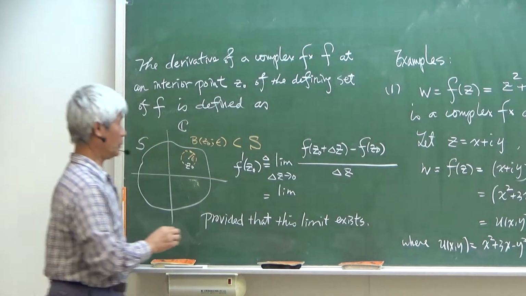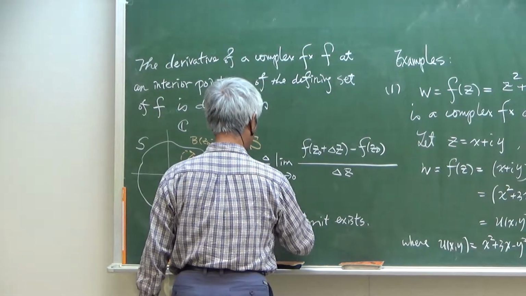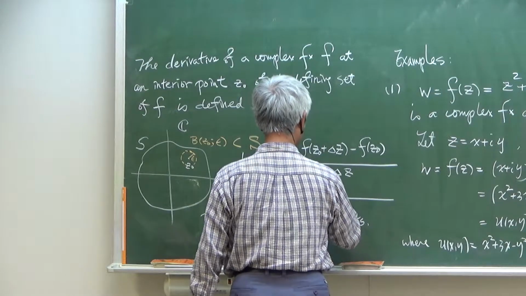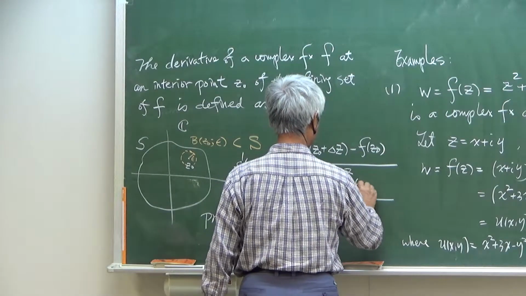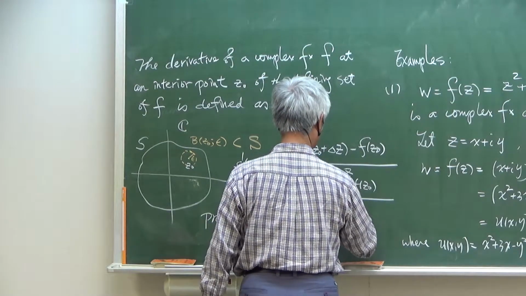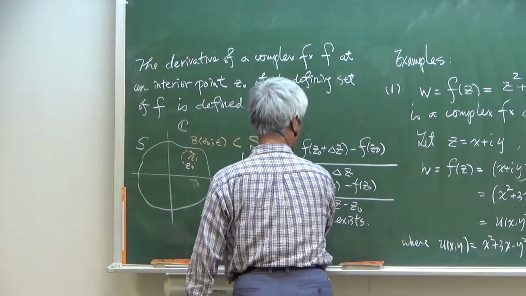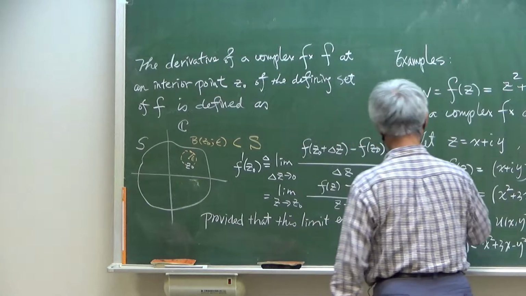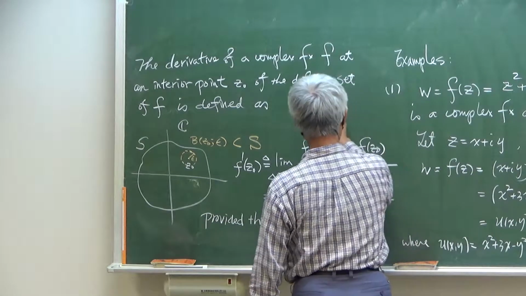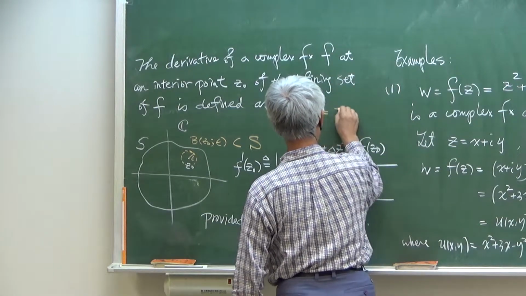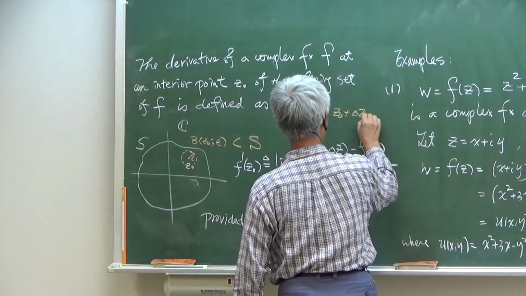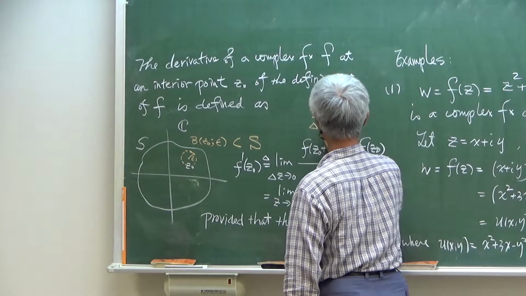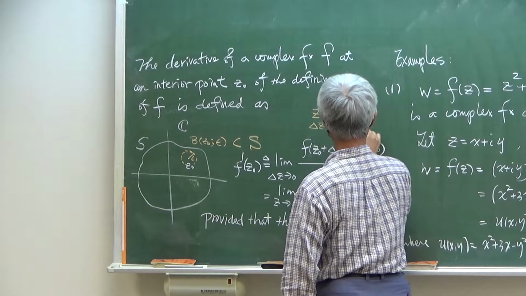Another way to describe this is to define z as z0 plus delta z, so delta z is z minus z0.